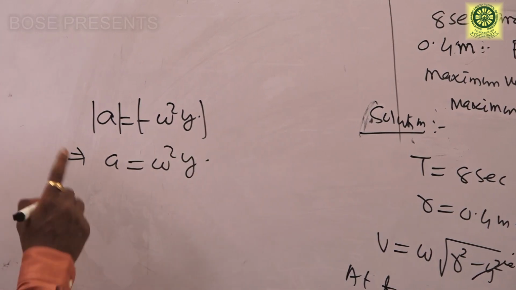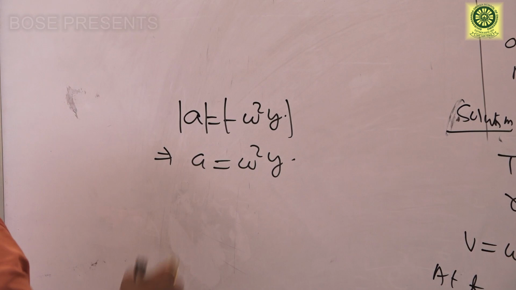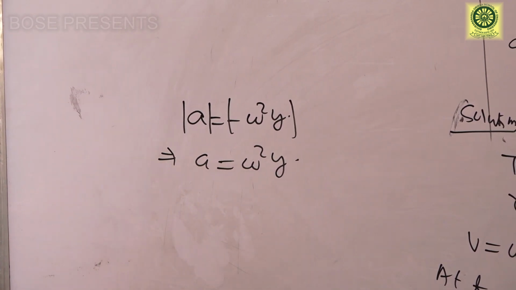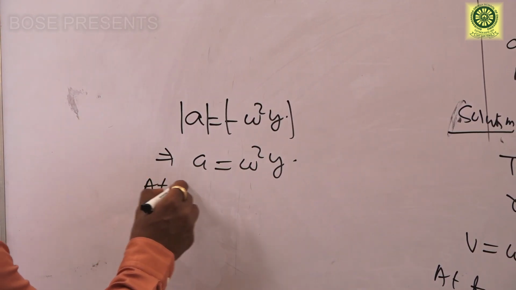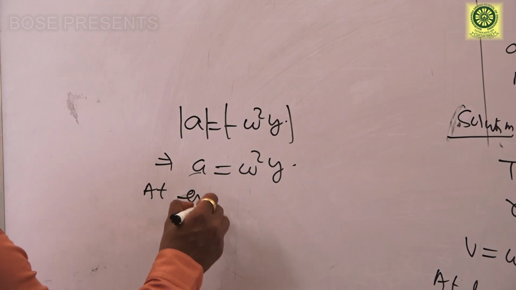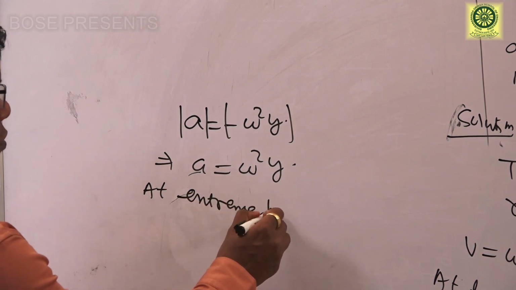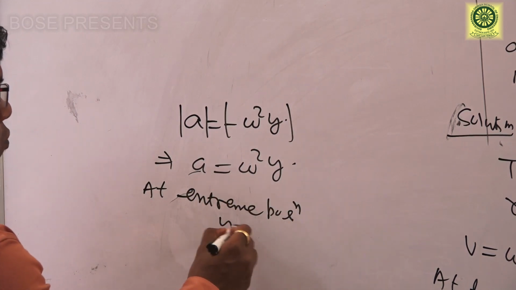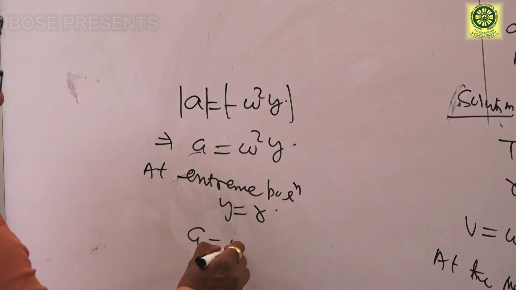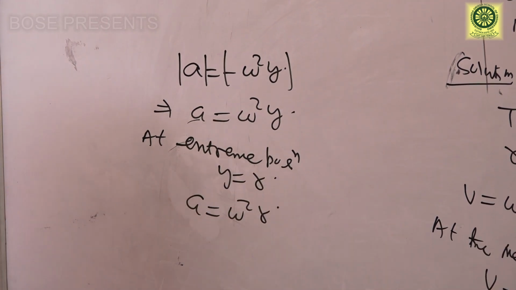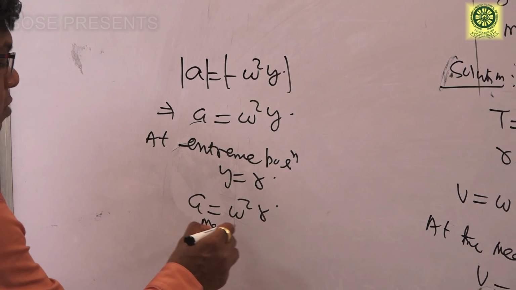Acceleration is maximum at the extreme position, where y is equal to r. So a is equal to omega square into r. This is the maximum acceleration.